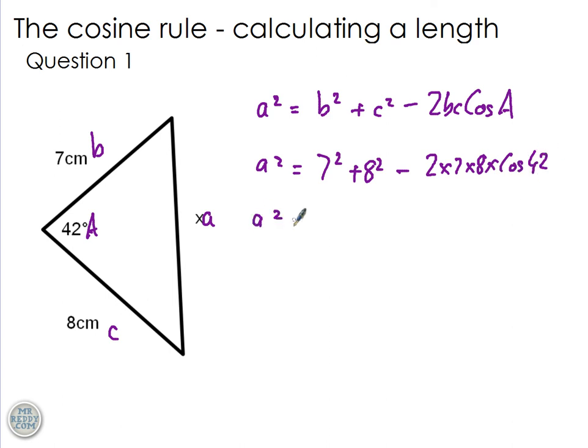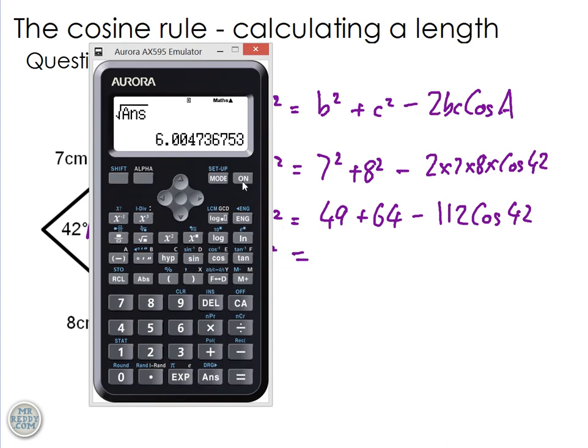So a squared equals 49. I feel like I've been here before with a very similar question. Take away 112 cos 42. It's going to be very slightly different to example number 1. A squared equals, clear this, 49 plus 64, take away 112 cos 42 instead of cos 45.